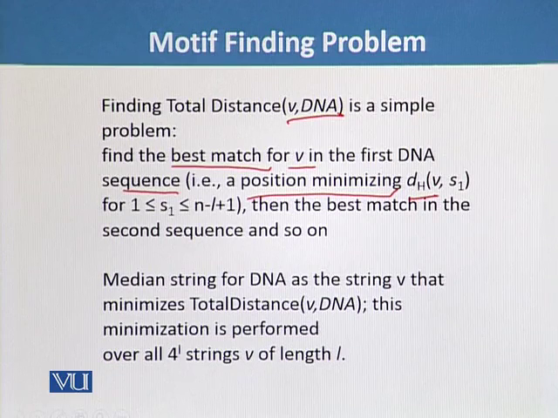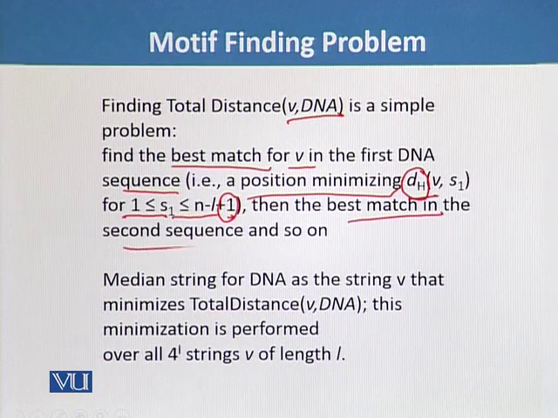The Hamming distance is minimized for s1 ranging from 1 to n minus l plus 1. So we move the two strings one by one, by a value of 1, so that we can find the minimum Hamming distance. Then the best match in the second sequence is calculated, and this process continues.